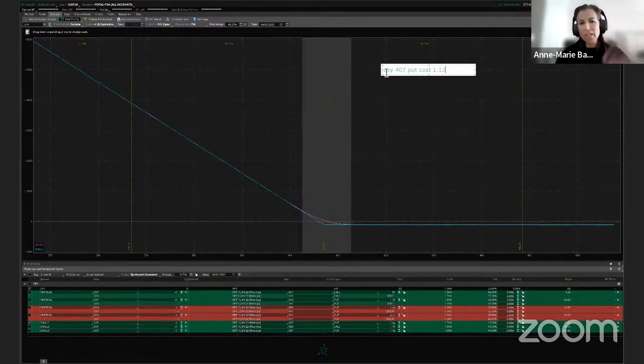Every time you buy an option, it gives you control of 100 shares. So anytime you see the price of a standard option, you multiply it by 100, and your total cost will be $113.